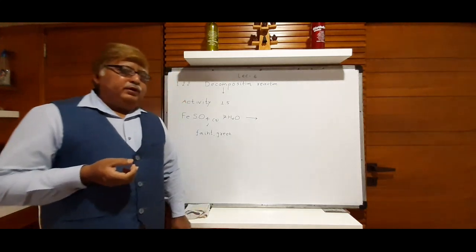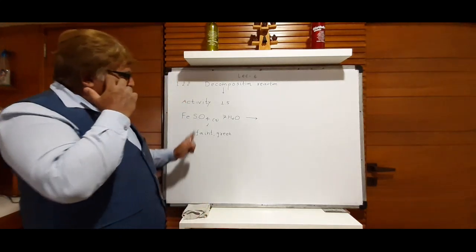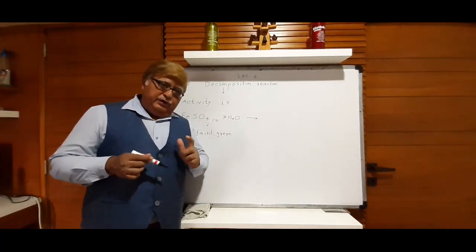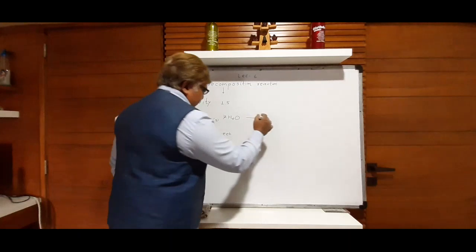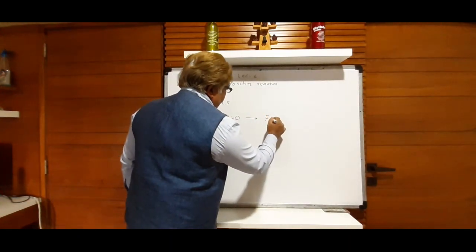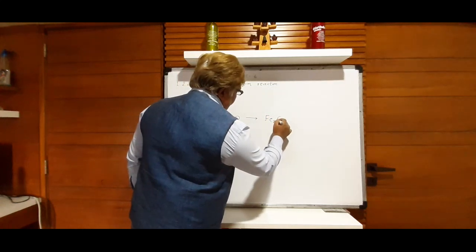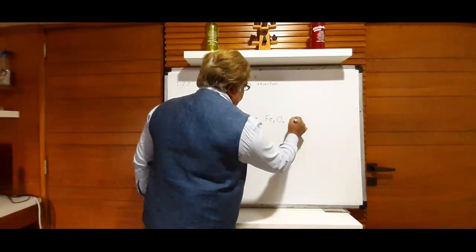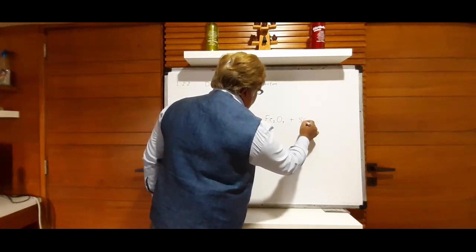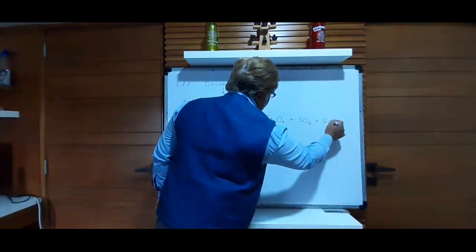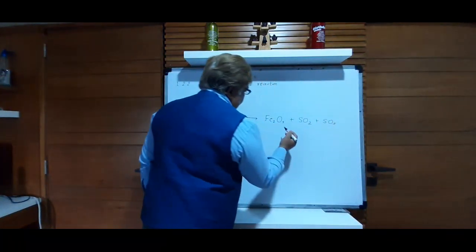Let me try to explain what actually happened. When ferrous sulfate is heated, it decomposes and forms ferric oxide plus sulfur dioxide and sulfur trioxide.